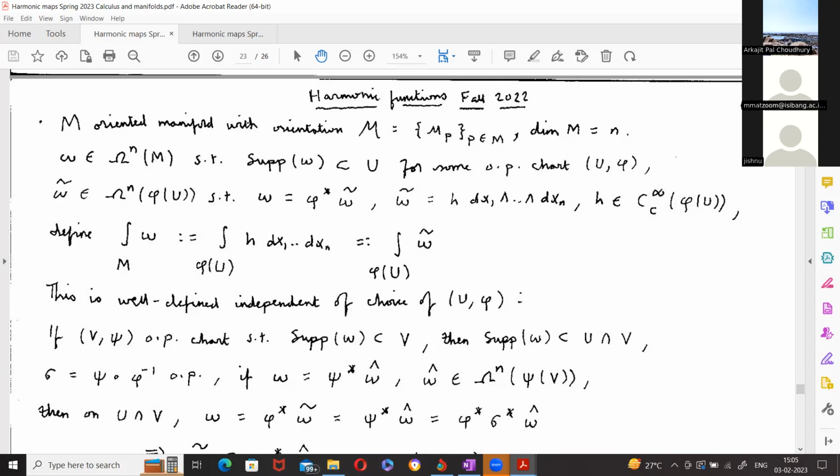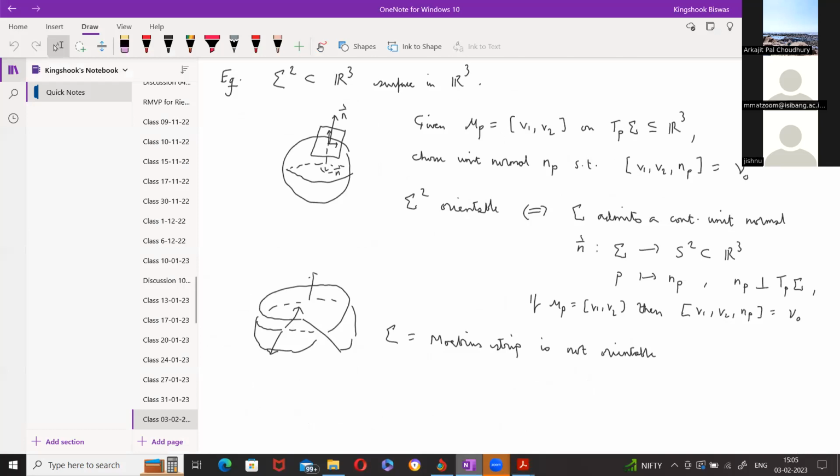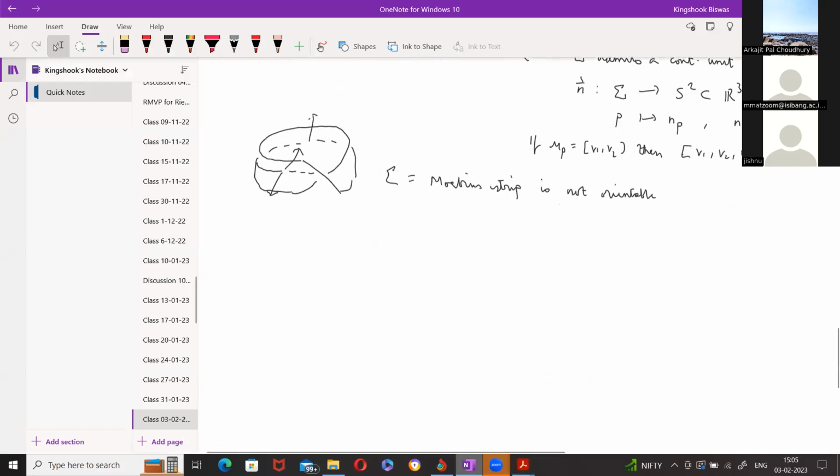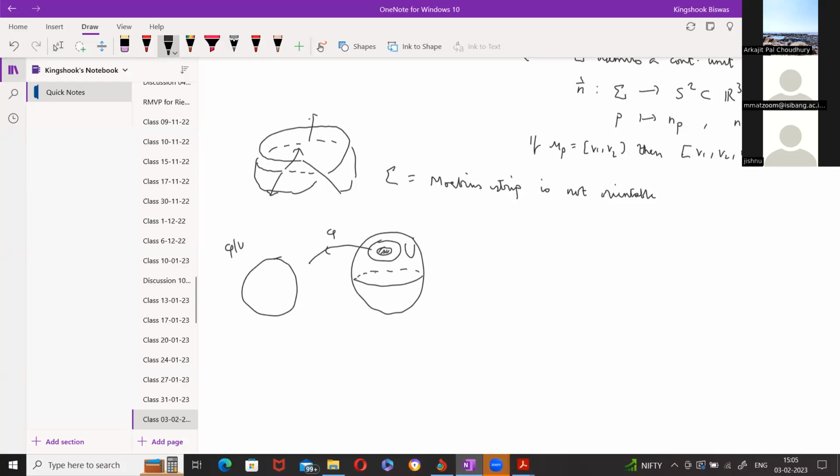So we have this is my chart U, and say this is the support of omega. Omega is supported here. So I have my chart phi, and this goes to some open set phi of U in R^n.